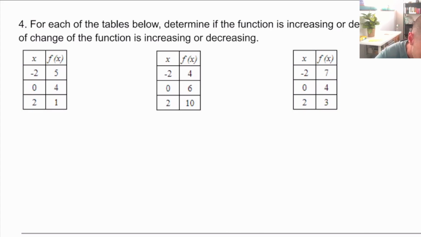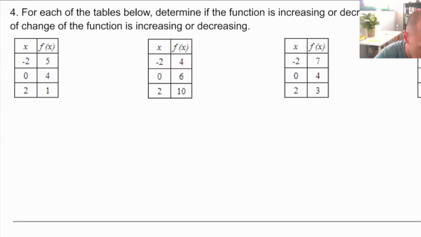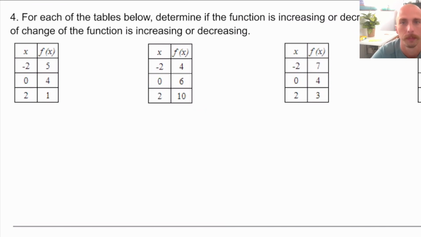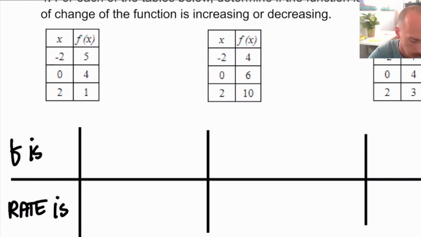So for each of the tables here, we're going to determine if the function is increasing or decreasing and determine if the rate of change of the function is increasing or decreasing. Okay, so I think what I'm going to do is set up a grid, basically. What we're going to do is look at the differences.